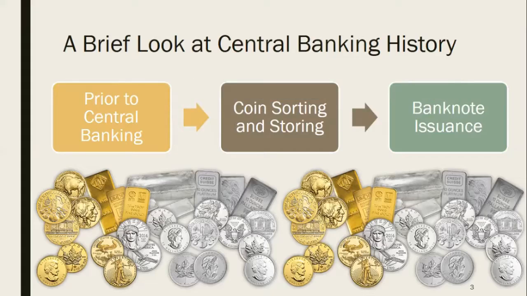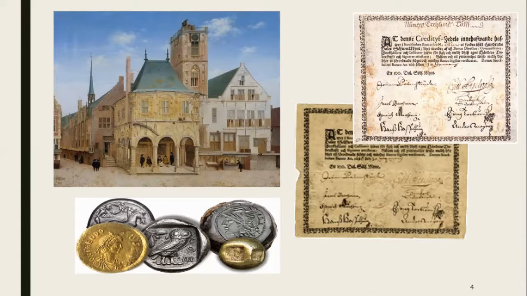But at that time, issuance of banknotes was not confined to banks established by the government, like a central bank. Privately owned banks could also issue banknotes at that time. All right. So that is the history.